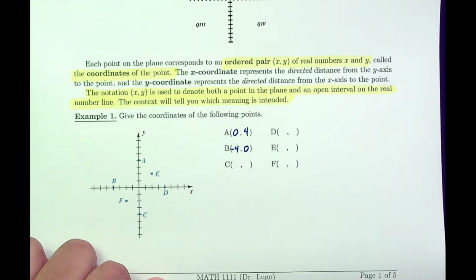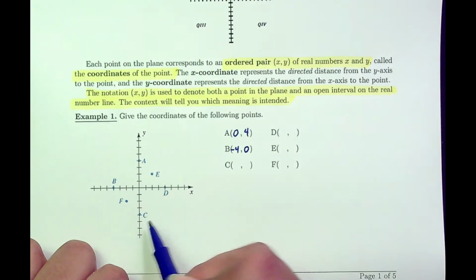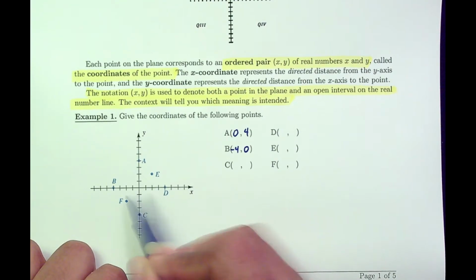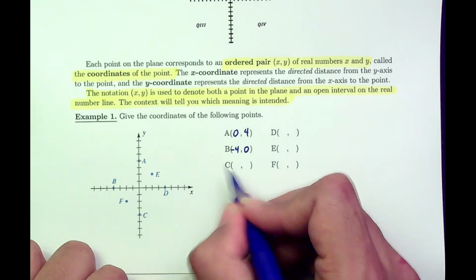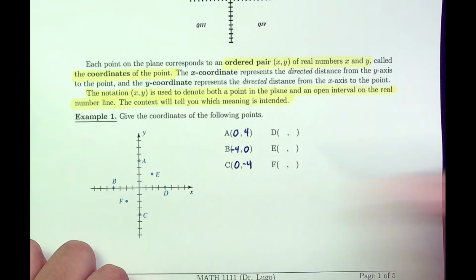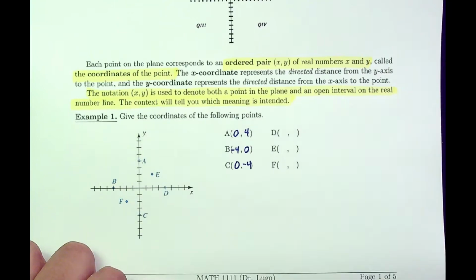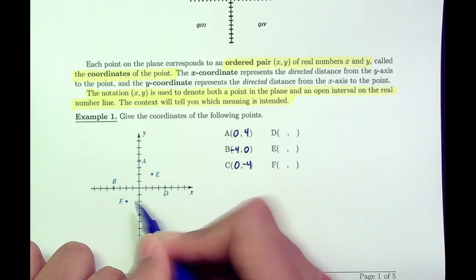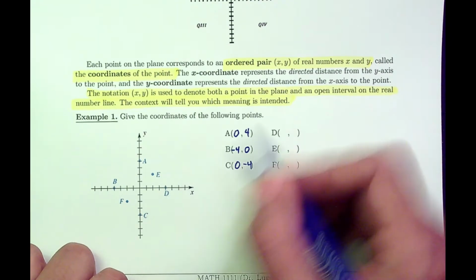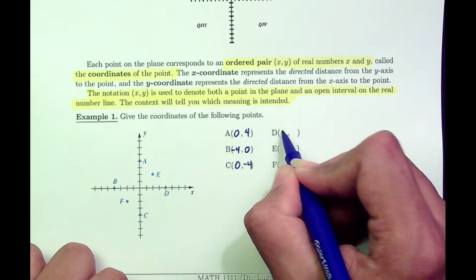The coordinates of C, you have to move left to right horizontally from the y-axis, so that's a 0. And then you move down 4, so negative 4. Right? Up is positive, down is negative, right is positive, left is negative. The coordinates of D would be 1, 2, 3, 4.